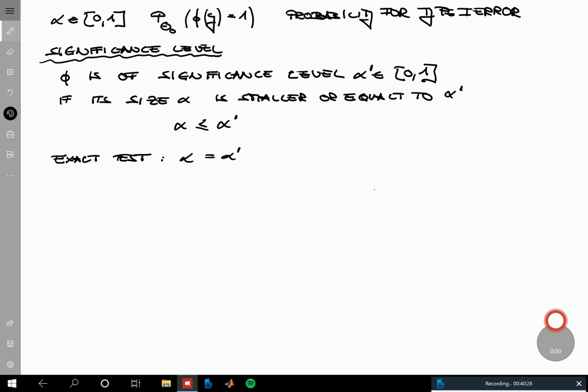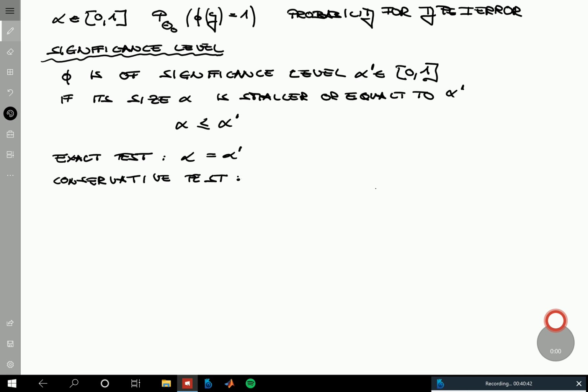However, that doesn't need to be the case, so you can have what is referred to as a conservative test. Which is a test for which the actual error probability, type 1 error probability rate, alpha, is smaller than the significance level. Yeah? So people sometimes say they use a conservative test of 0.001.